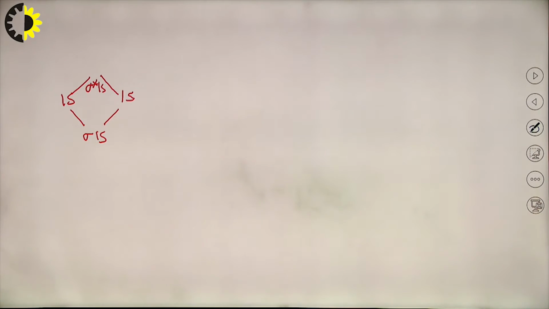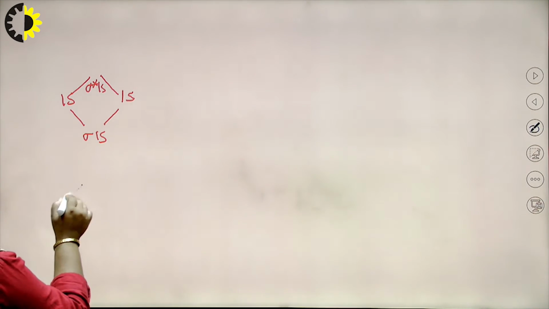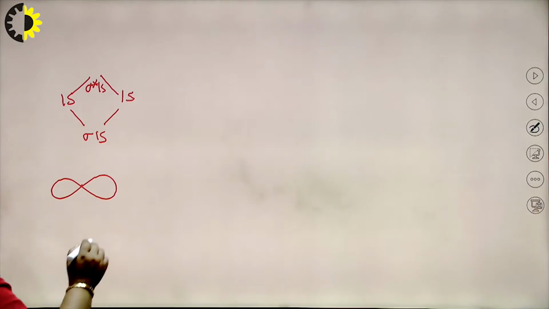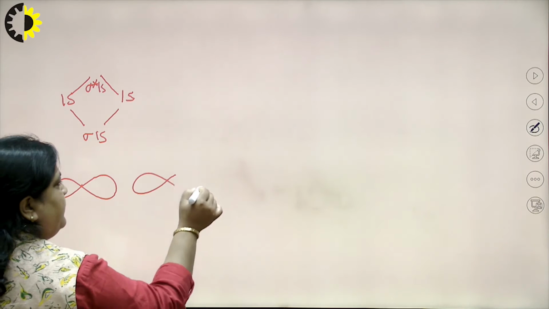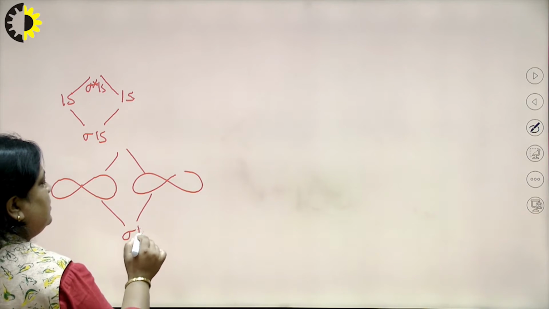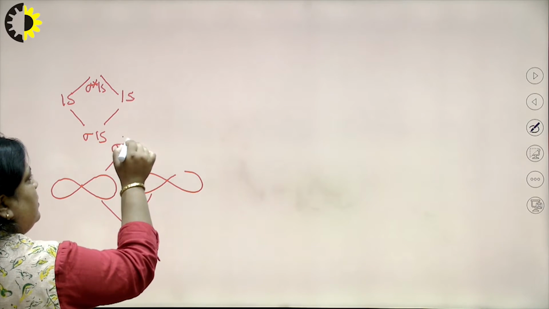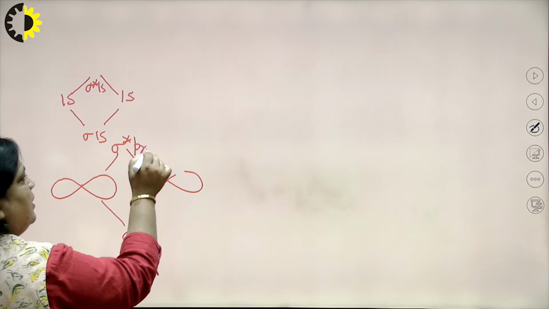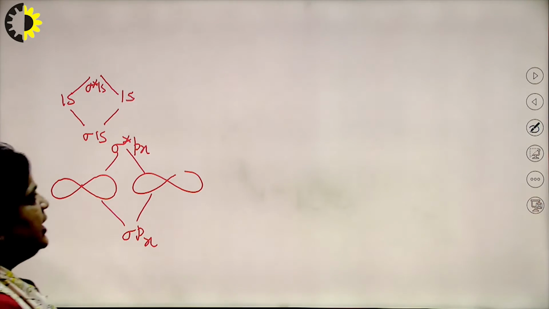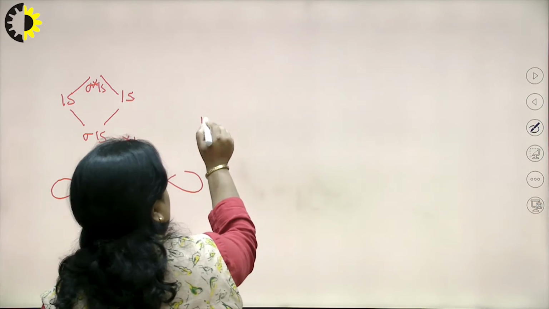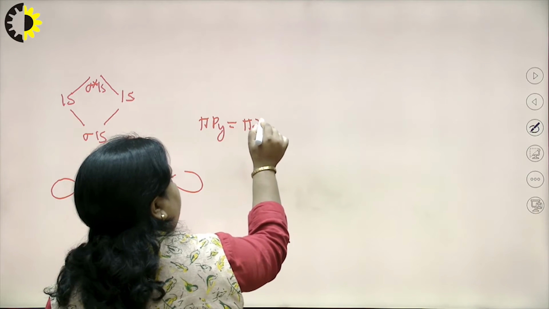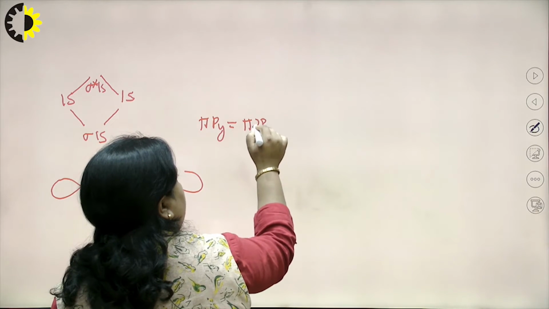In case of p, suppose I am writing this as px. When the px orbitals combine, they form either sigma px or sigma star px. In case of the remaining two, py and pz, we write pi py and pi pz, because both are degenerate, so we can write them equally.